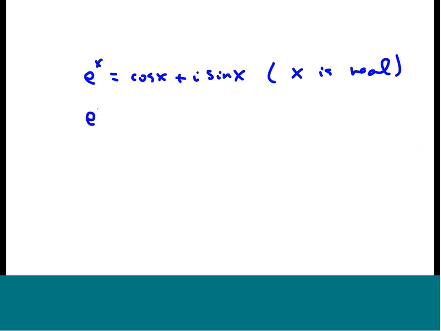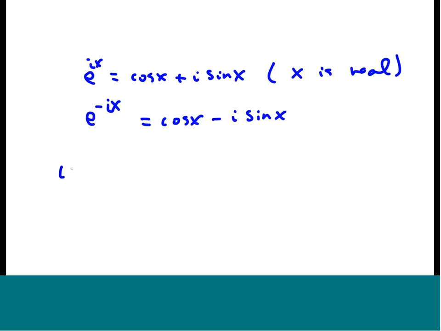So e to the ix equals cosine x plus i sine x. Assume x is real. You take the conjugate: e to the minus ix is cosine x minus i sine x.